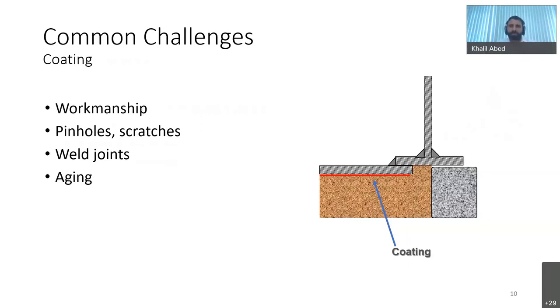The design life or service life of the tank is usually between 20 to 30 years. Coating deteriorates much faster than that. So it's widely accepted that coating of bottom plates alone cannot prevent soil side corrosion.